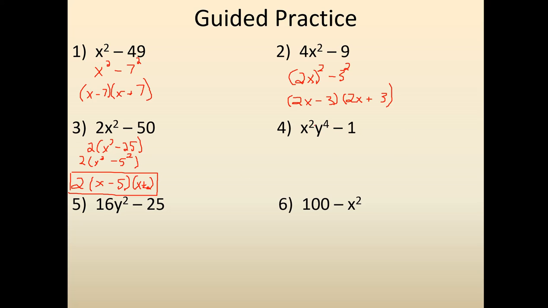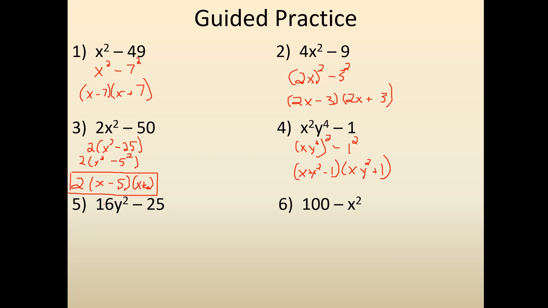All right, going into this, the exponents are both even. This can be square rooted, and 1 is a perfect square, so this ends up getting me x y squared. Remember, divide them both by 2. And I can just write this as 1 squared. So the factorization will be x y squared minus 1 times x y squared plus 1.